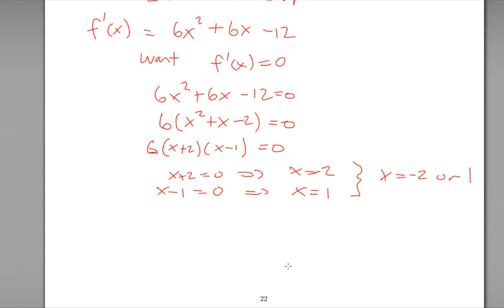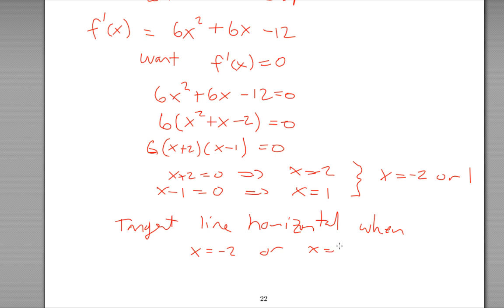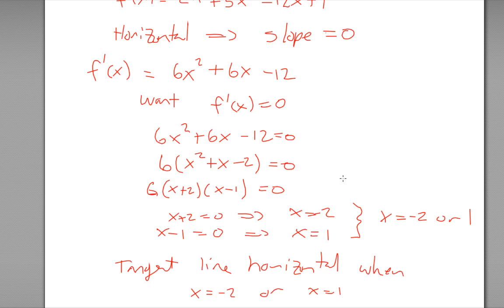So the slope of the tangent line is horizontal when x equals negative 2 or x equals 1. Good. All right, so that's pretty good.